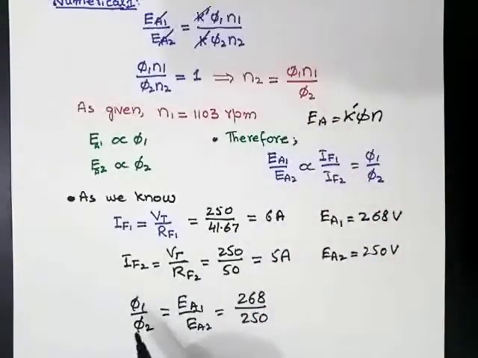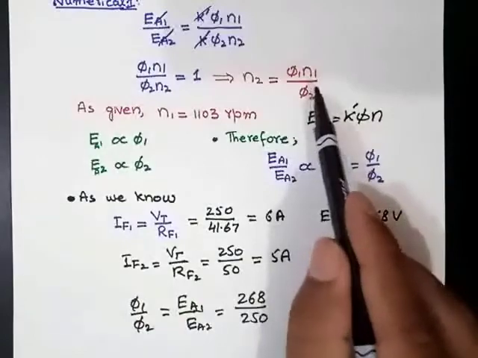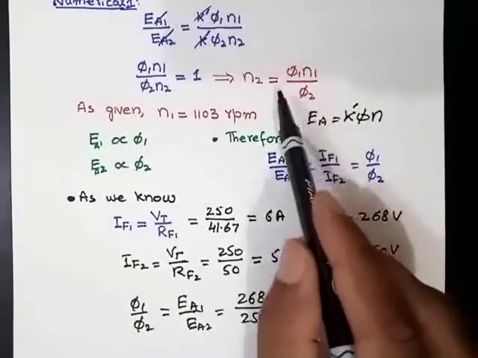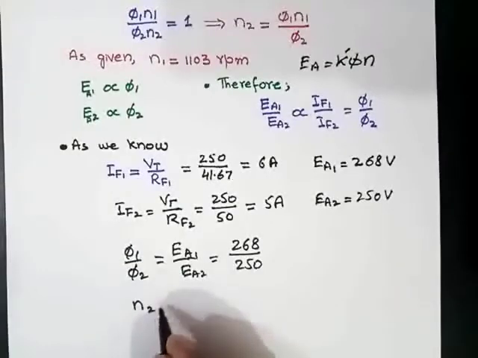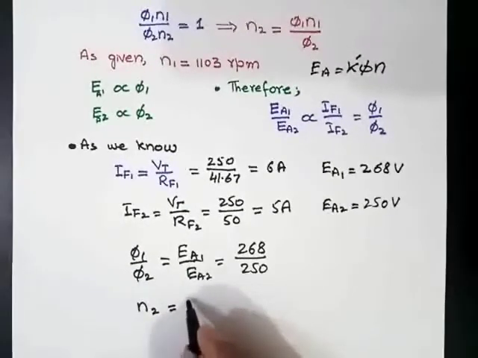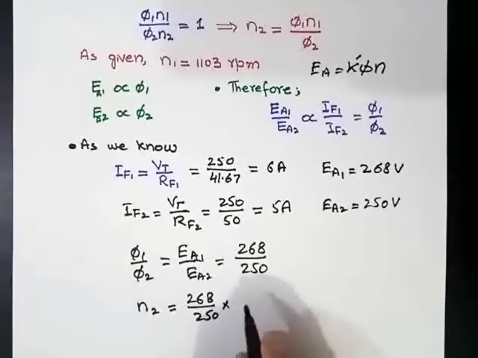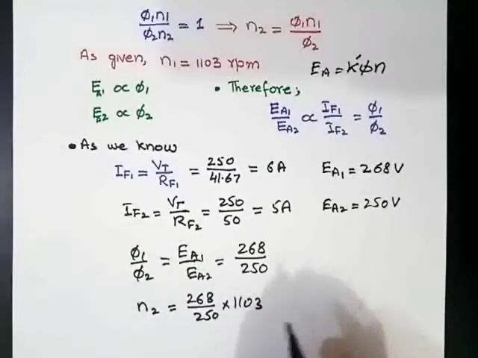Therefore, putting the value of flux 1 over flux 2 and N1 in this equation, we get N2 is equal to 268 over 250 into 1103 revolution per minute.